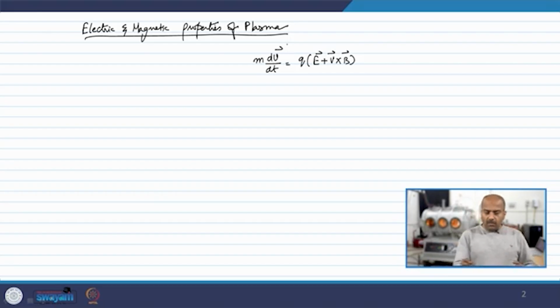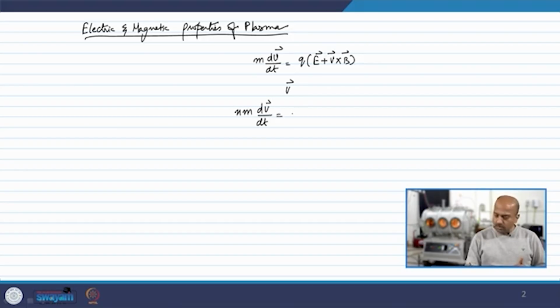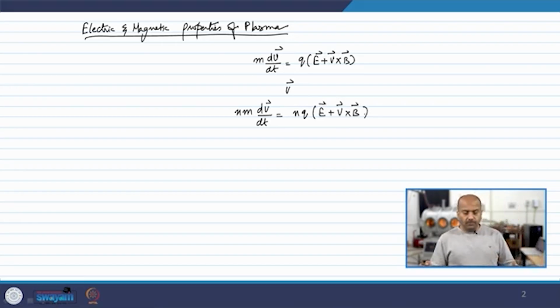Then we can multiply this equation by the number of particles. Suppose the velocity of the particles is v and all of the particles are moving with the same velocity, then we can write this equation as n m dV/dt = n q (E + V × B).